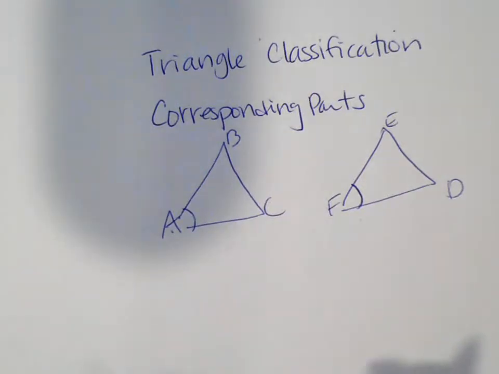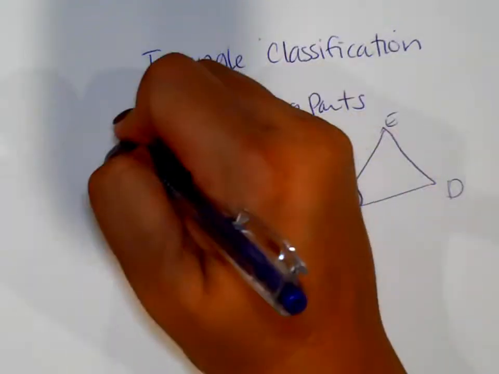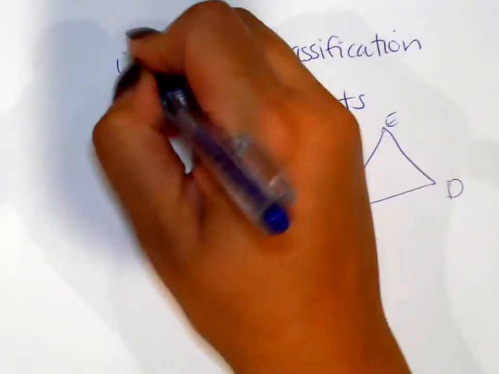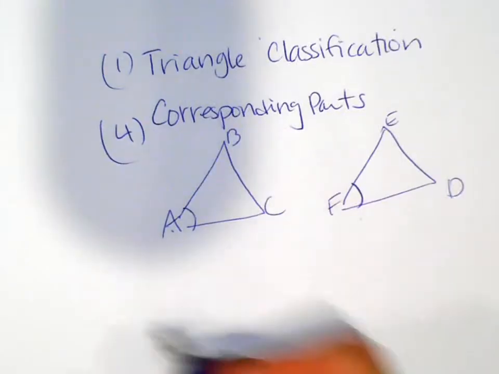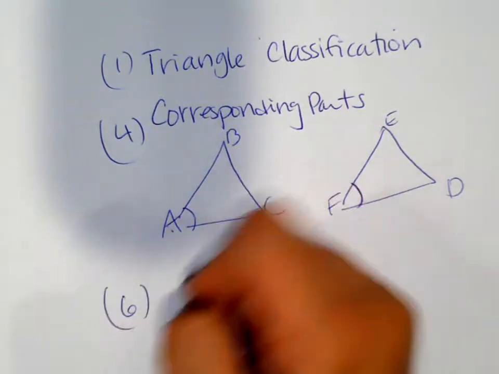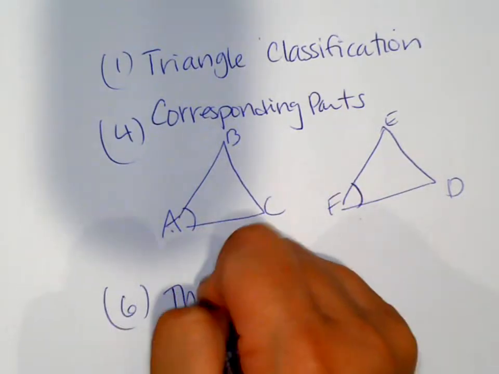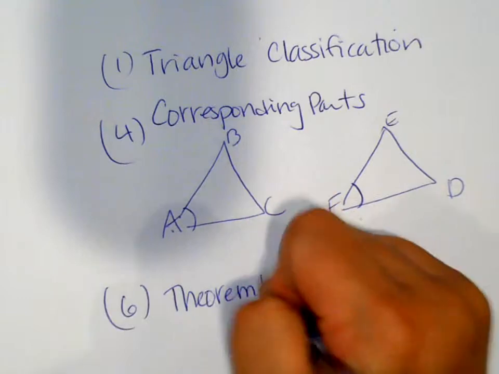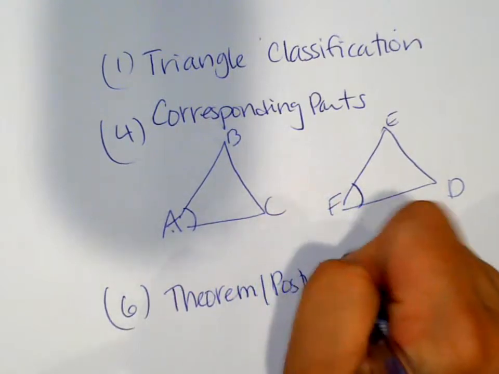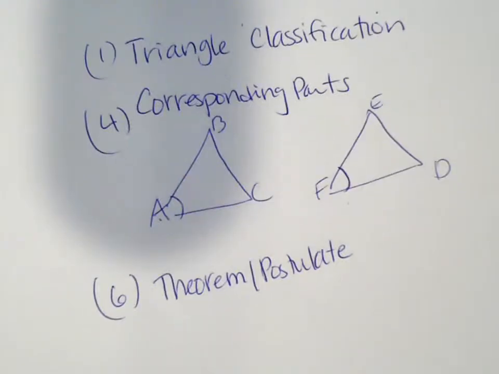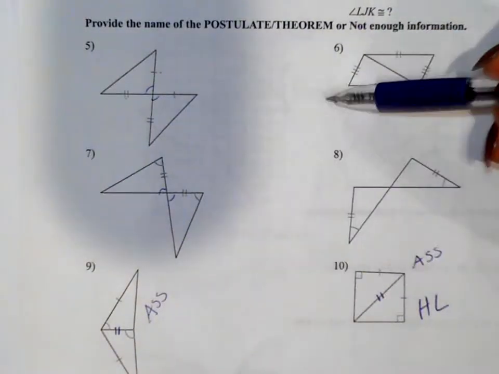There are 4 of these. There are 6 of the theorems and postulates, ones that look like this.